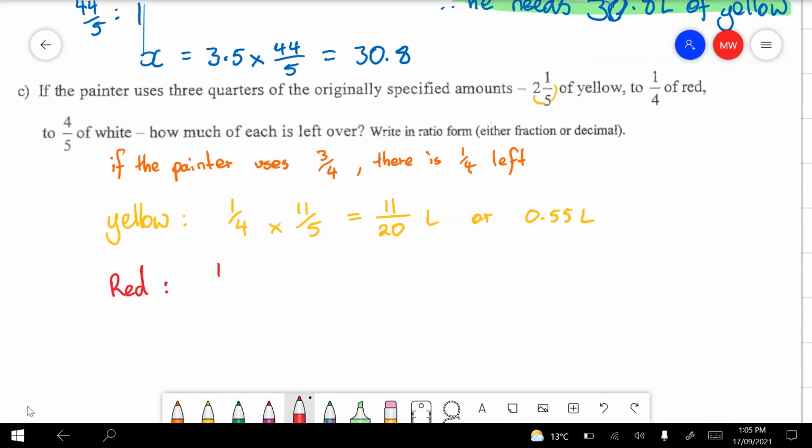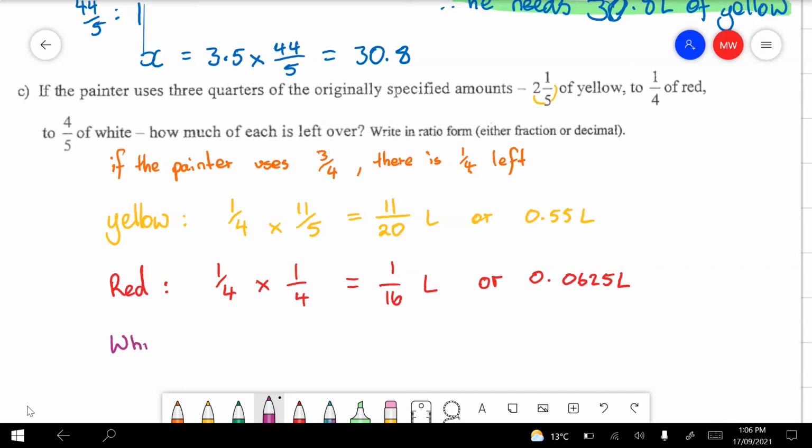Red, same deal. We're having 1/4 of 1/4. Top times top, bottom times bottom. Oh, sorry, that's very bad math, isn't it? 4 times 4 is 16. So top times top, bottom times bottom, so a 16th of a litre, or in your calculator you might get 0.0625 litres. And last one, we're not going to be able to do white, so white's going to be purple.